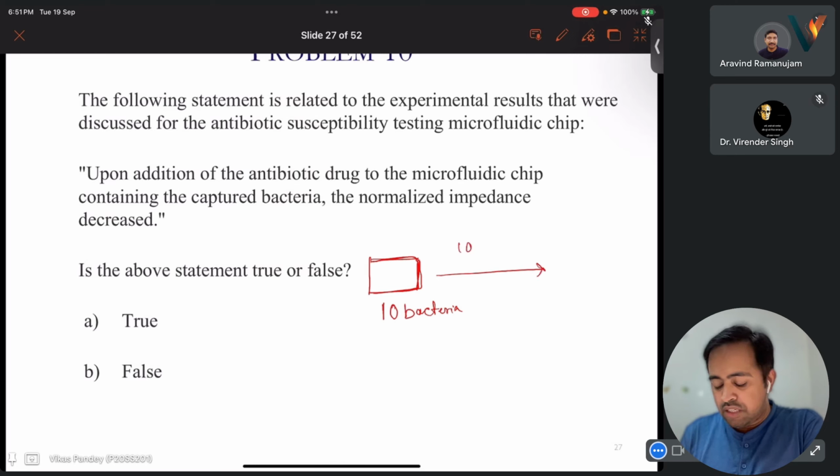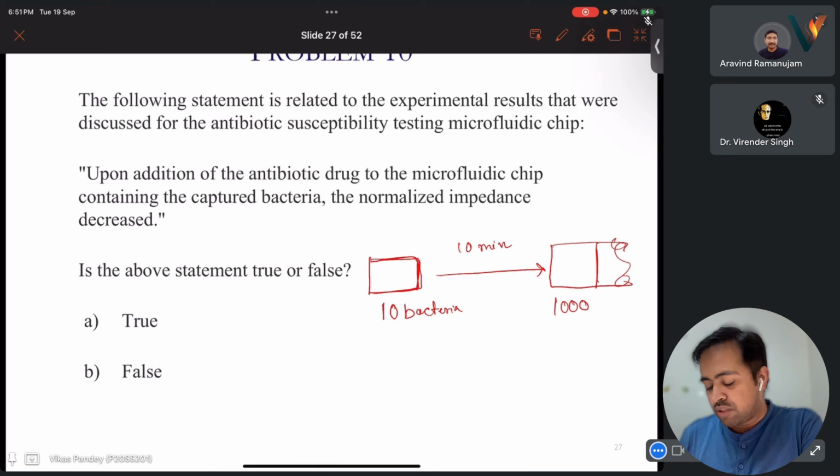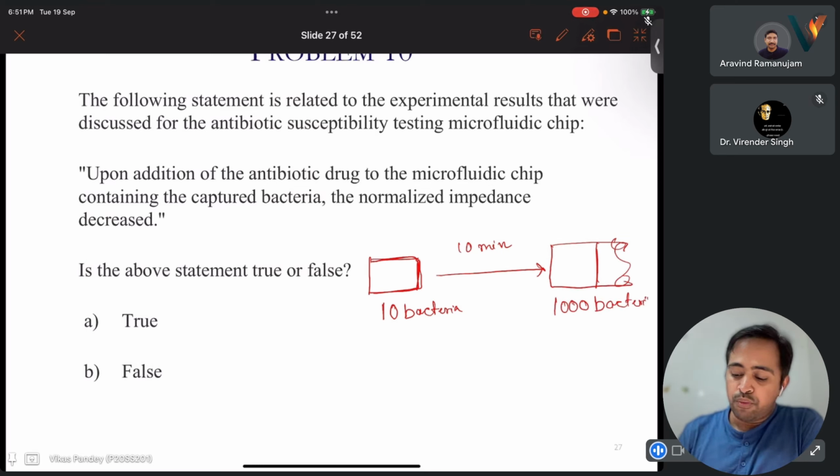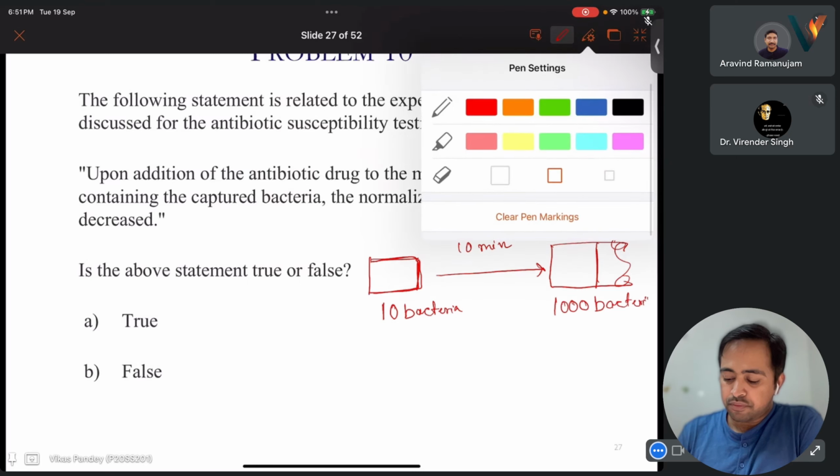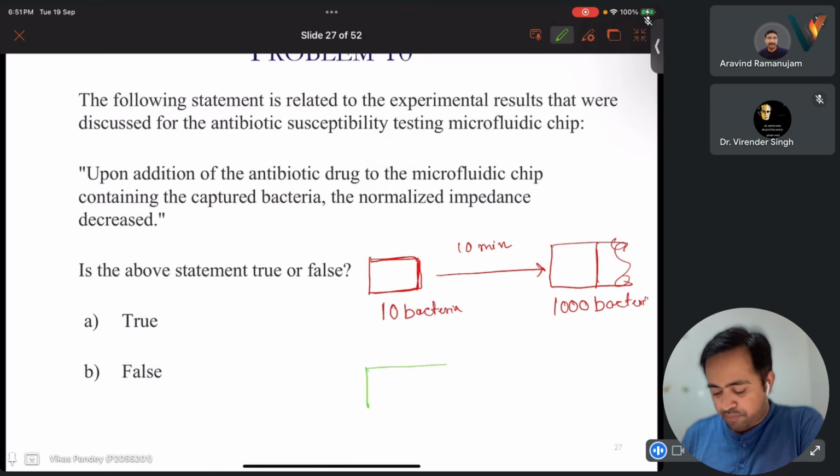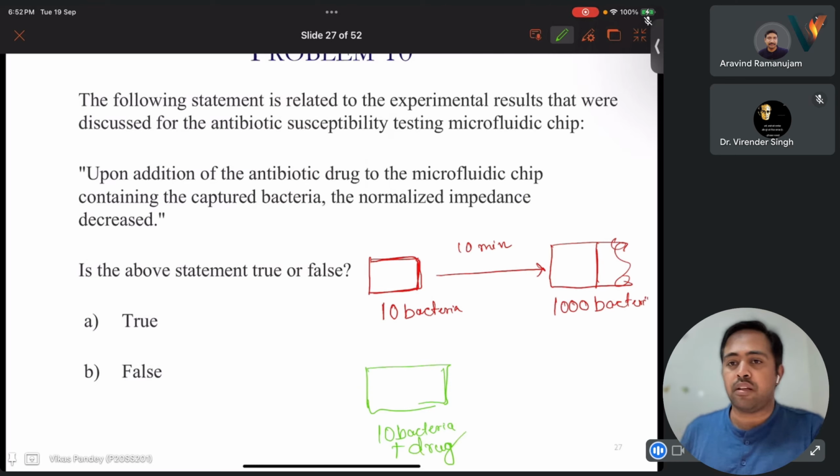After 10 minutes, the culture size will remain the same, but it will now have 1,000 bacteria. That is the normal process. Next, we put in 10 bacteria plus a drug meant to kill some bacteria.